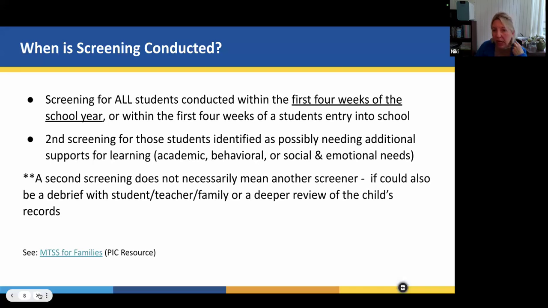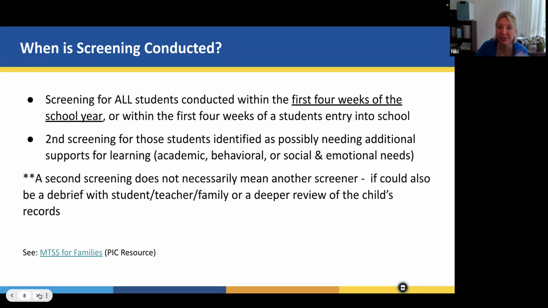So it could just be meeting in a grade level meeting, looking at grades and attendance and practices from previous school years, or it could be a formal screener as well. And then those students that are identified as potentially needing additional support because of the screening process that the school conducted, that may result in a second screener.